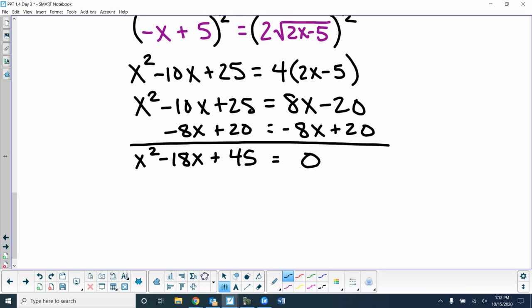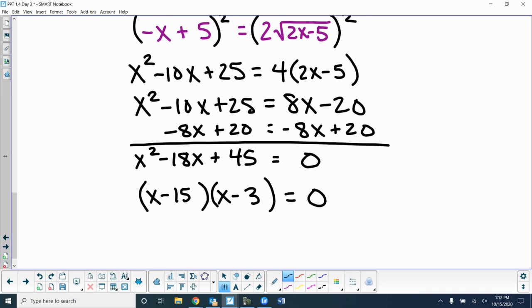Again, from here you can solve it whichever method you want, or like from last week, but it factors. Nini, what's it factor into? Yeah, negative 15 times negative 3 is positive 45, right?